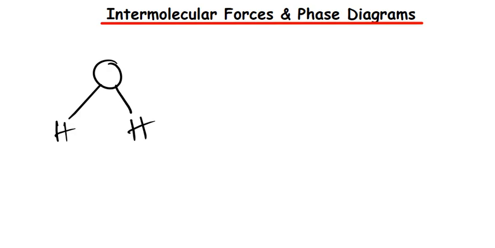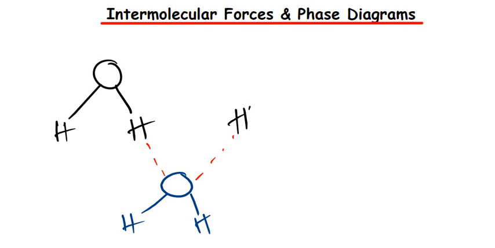Now the intermolecular forces, we tend to draw them using dots. So let's have another water molecule just down there. This will be oxygen and then hydrogen, like that. Again, you see that this is connected to another water molecule in a similar manner.